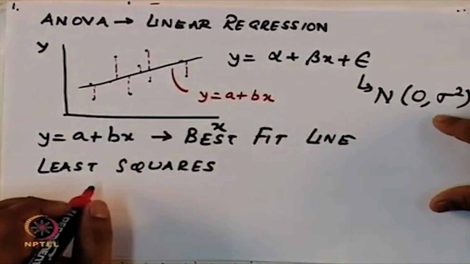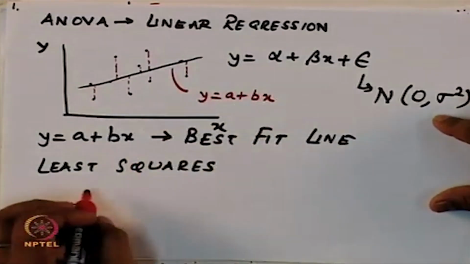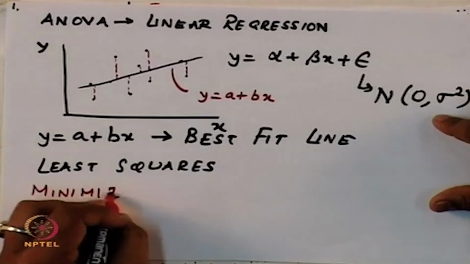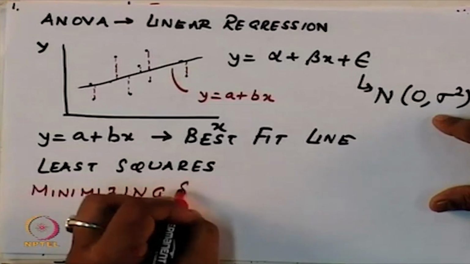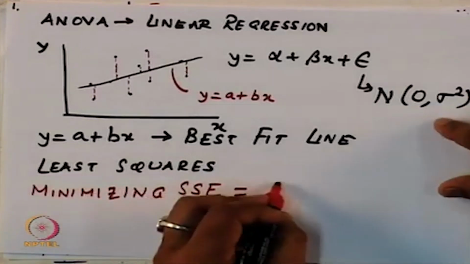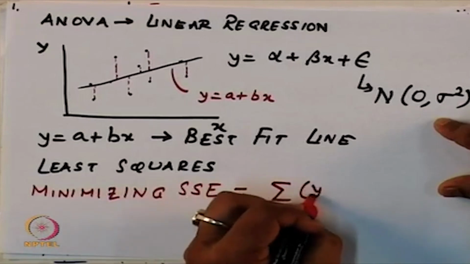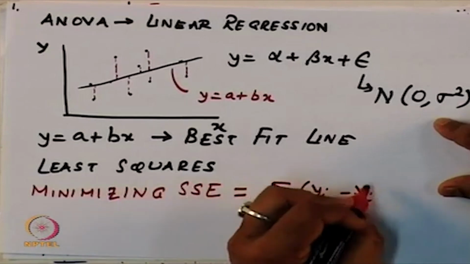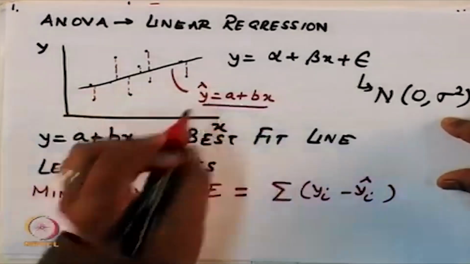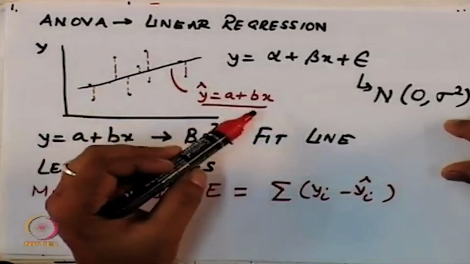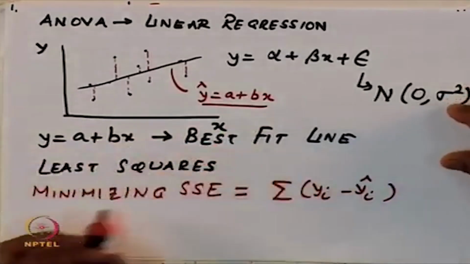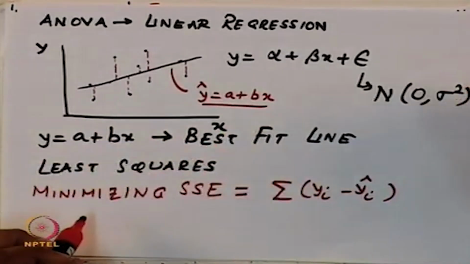In your least squares approach, you are minimizing the sum of squares of errors, which is given by the expression summation of y i minus y i hat. What is y i hat? Y hat is the linear equation a plus b x. So, you want to minimize this particular term SSE.